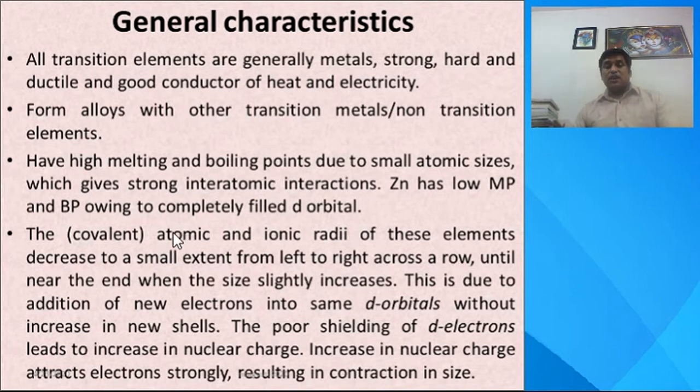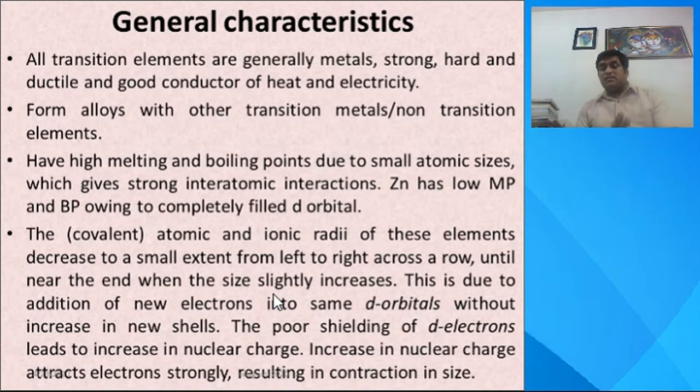About atomic radii and ionic radii of these elements, there is a decrease in ionic radii and atomic radii as we move from left to right across the row, until near the end at zinc, when the size slightly increases.